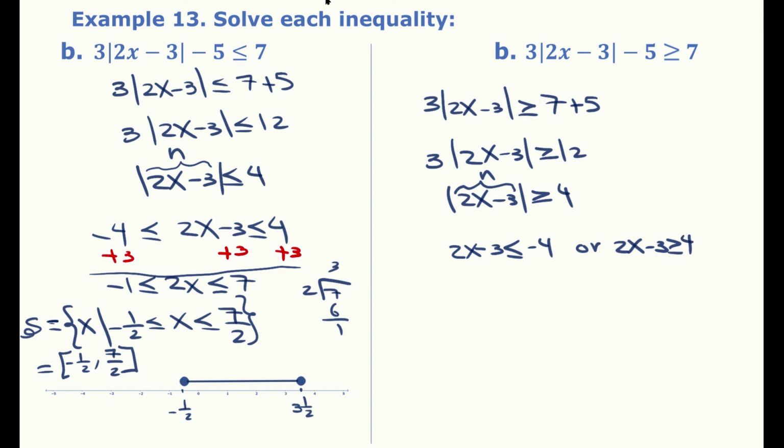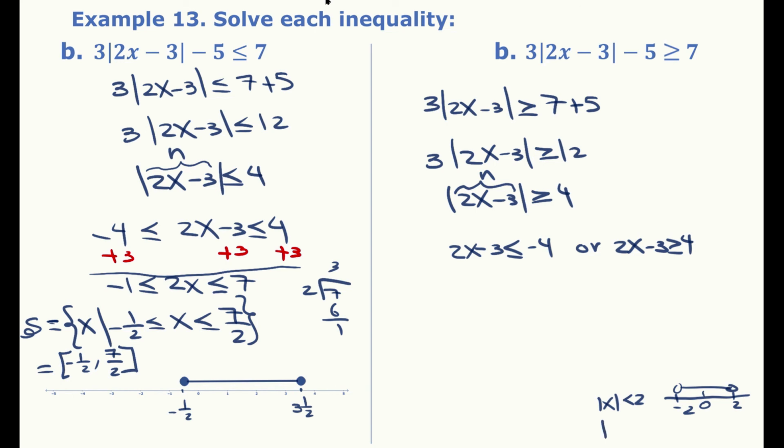What I always like to do for myself is I have a couple of simple examples in my mind, and then I'll use those as the model. I know that if I'm dealing, for example, with say absolute value of x less than 2, it's going to look like this. Here is 0, here is 2, here is negative 2. I know I'm going to get those numbers in between.